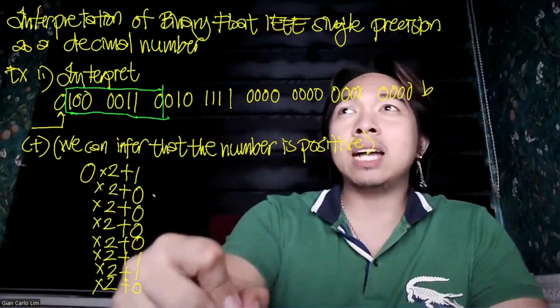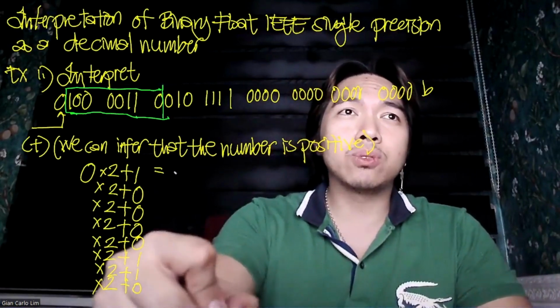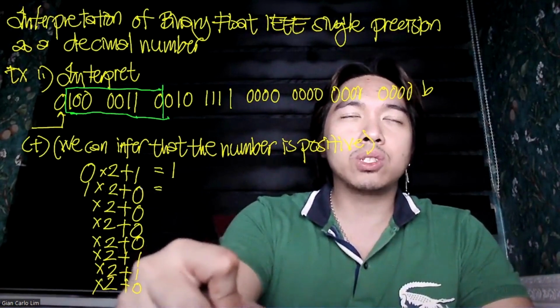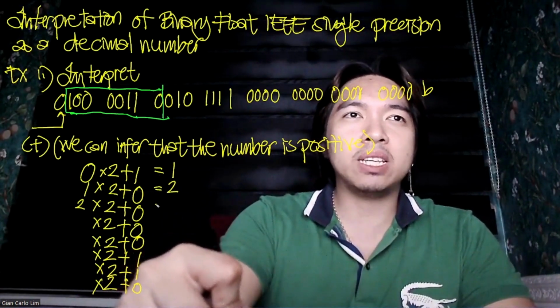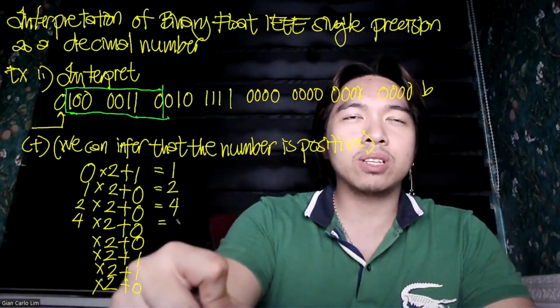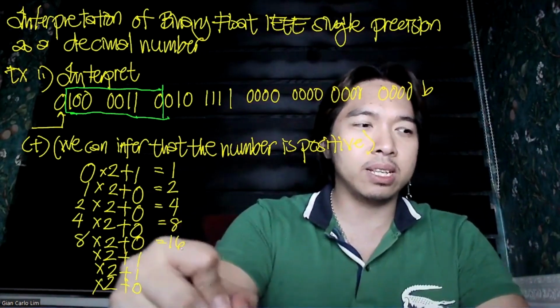So, yung pinakamataas na column is 0. So, 0 times 2 is equals to 0 plus 1. So, that would be 1. 1 times 2 is equals to 2 plus 0. So, that would be 2. 2 times 2 is 4 plus 0. So, that is 4. 4 times 2 is 8 plus 0. So, that is 8. 8 times 2 is equals to 16 plus 0. So, still 16.